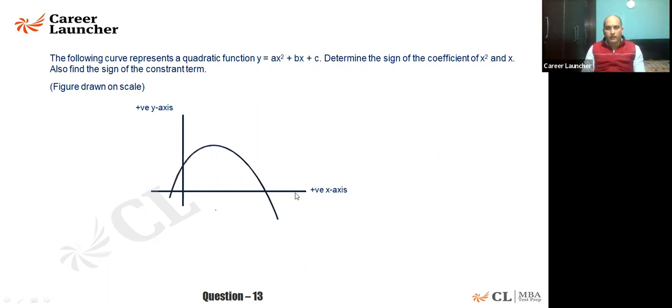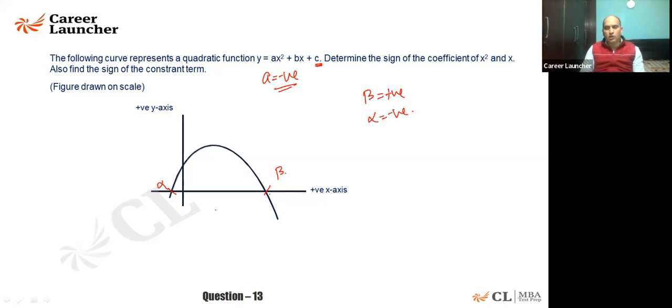So one thing is clear, a has to be negative. Why is a negative? Because it is in downward direction. I'm sure all of you are aware of that. Now it has two roots, one is this and second is this. Say this is alpha and this is beta. I know beta needs to be positive, alpha needs to be negative.